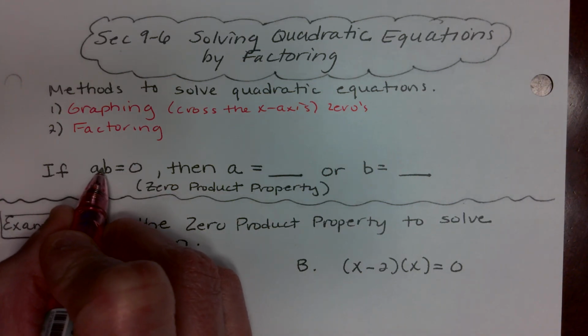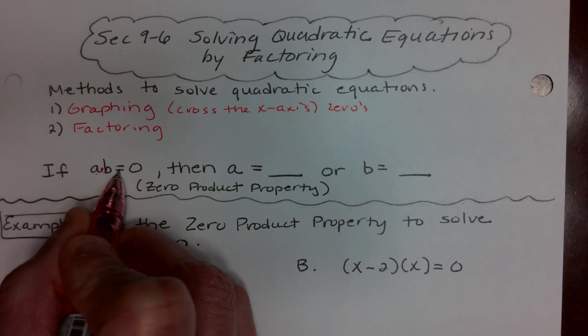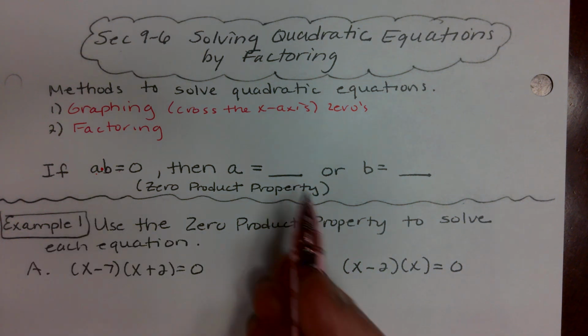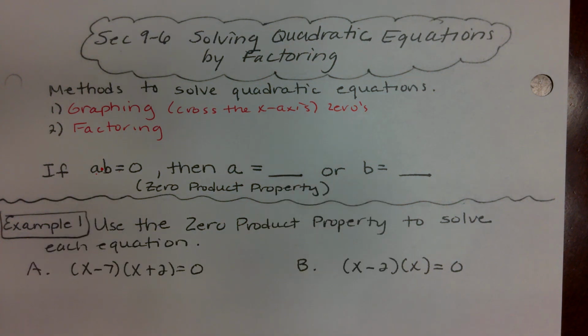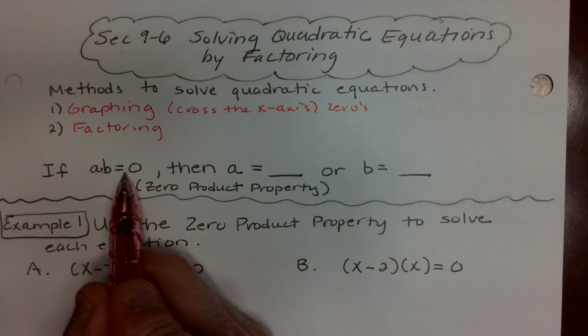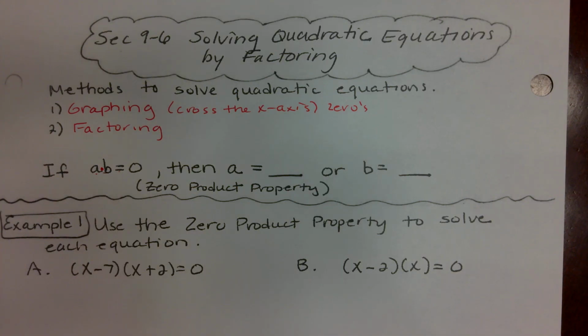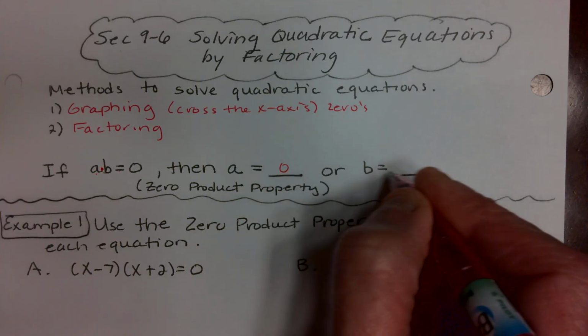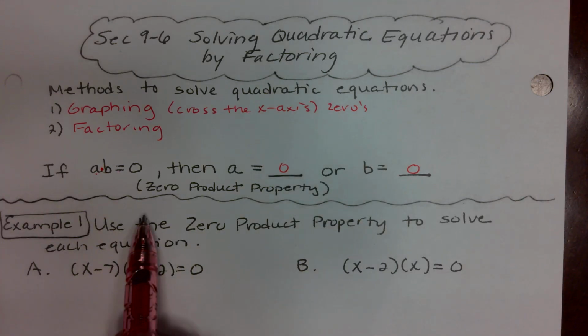If you have two numbers and they're multiplied together, a times b equals 0. Tell me something that would have to be true about a or b in order to multiply them and get 0. I'm hoping you'll see that one of them would have to be 0, right?